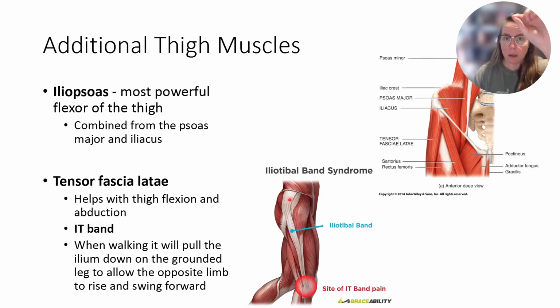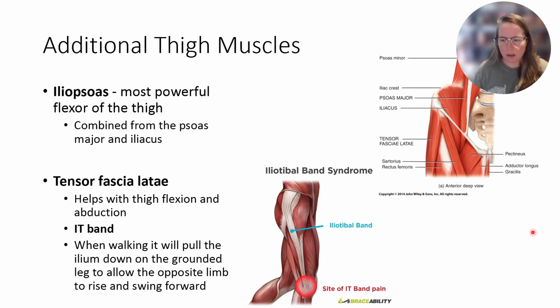And you're going to see this band of connective tissue. This is called the IT band, the iliotibial band. And when you're walking, what it does is it pulls the ilium down and assists the gluteus medius to kind of help with your pelvic tilts, more or less.